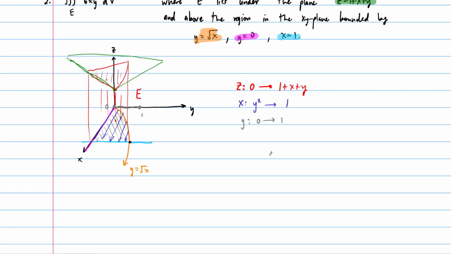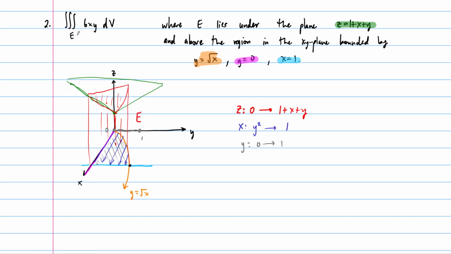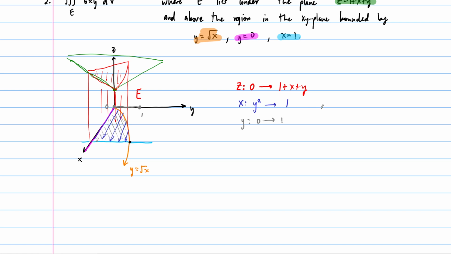And so at this point, we can write out our integral. This integral right here, we need to write out the bounds. That's the key, right? The integrand itself is 6 times x times y. So let's write this out. Again, we're doing the triple integral over this region E that we were given of 6xy dV. We're going to replace that by the inner integral from 0 to 1 plus x plus y. 6xy is still the integrand.